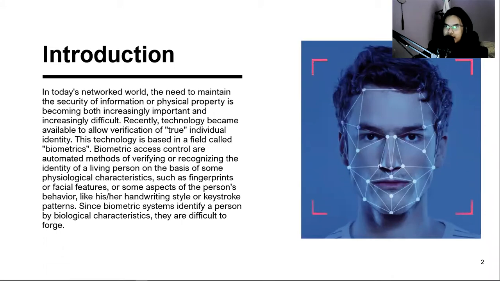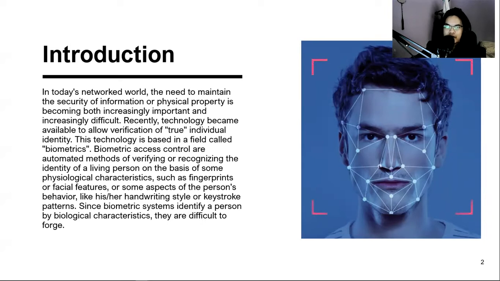Introduction. In today's network world, the need to maintain the security of information or physical property is becoming both increasingly important and increasingly difficult. Recently, technology became available to allow verification of true individual identity. This technology is based in a field called biometrics.